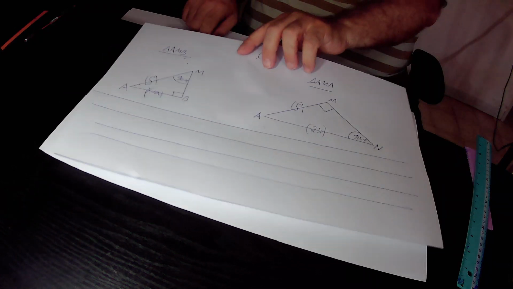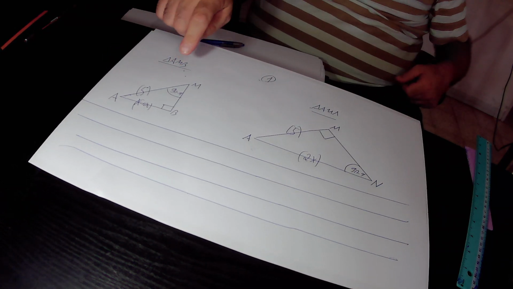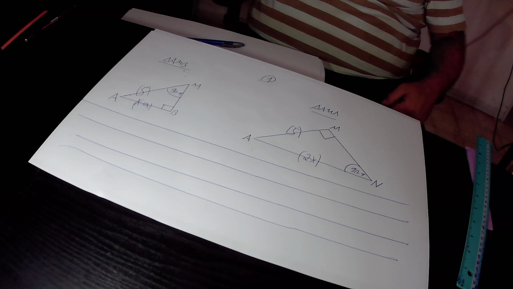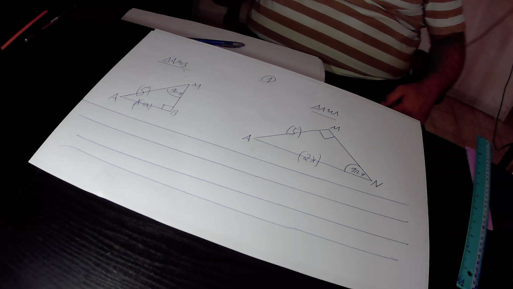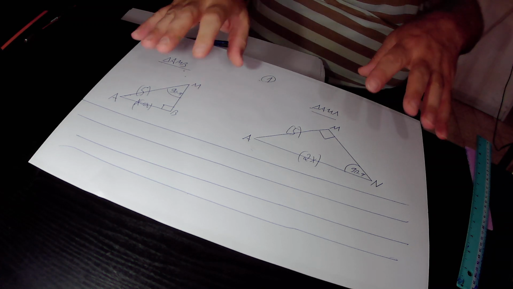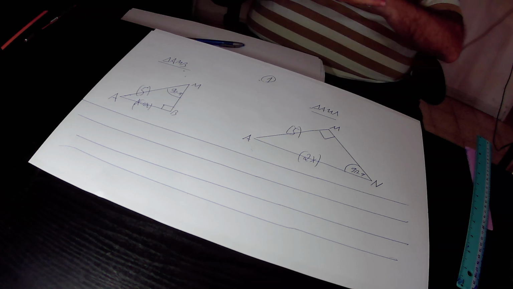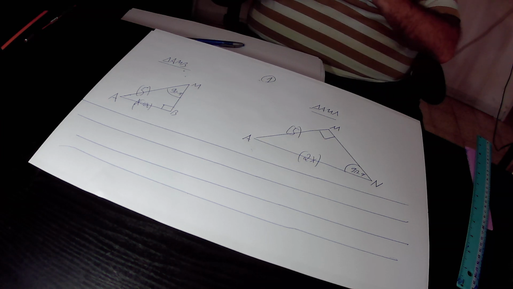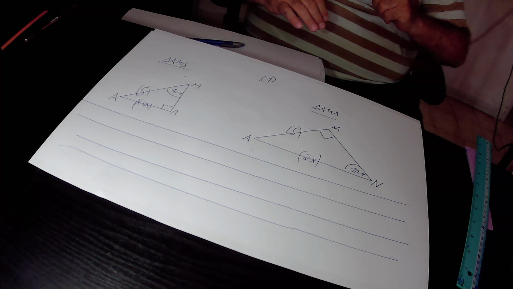So those are the two right triangles, triangle AMB and triangle AMN, copied from the original drawing. In the next step, we prove that those two right triangles are similar to each other according to the angle similarity rule. Why are those two right triangles similar?